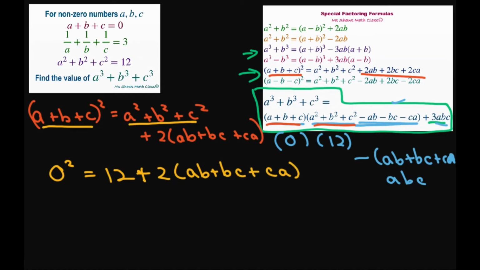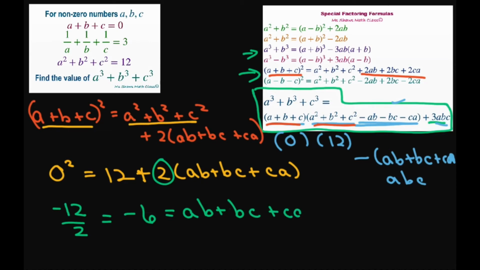So basically, if you subtract 12 from both sides and then divide by 2, we get negative 6 equals ab plus bc plus ca. Now, eventually what we're going to need is negative that. So just know that 6 would equal negative ab plus bc plus ca. We'll get back to that later.